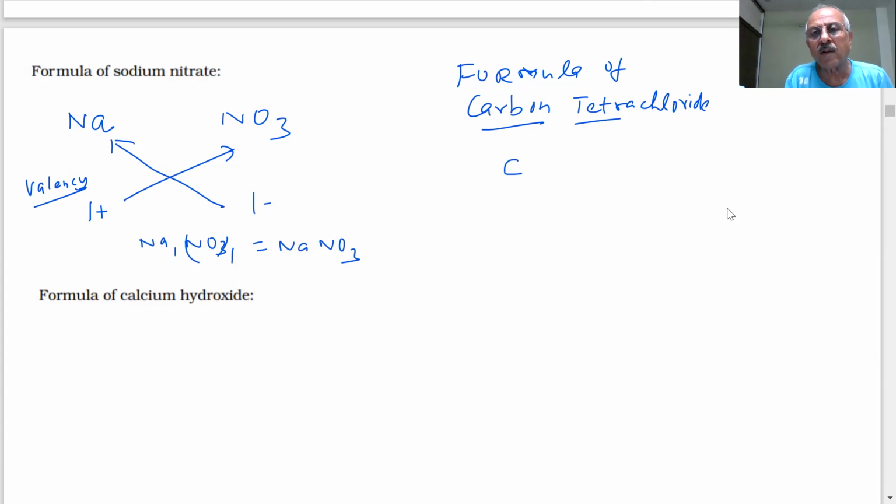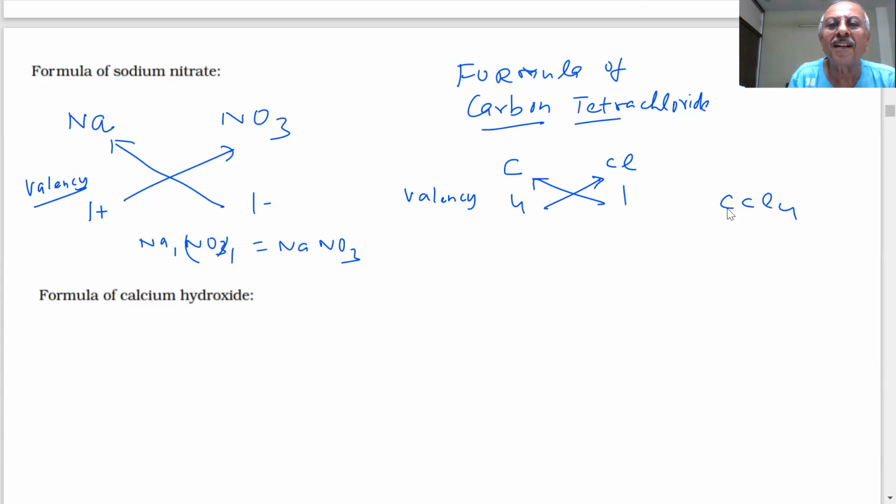What is the valency of carbon? 4. What is the valency of chlorine? 1. Then 4 goes here, 1 goes here. But you will get CCl4. Is it clear? Yes, sir. At the same time, sometimes it is easy. It is saying carbon tetrachloride. What is the meaning of tetra? 4. So I could have written it simply. Carbon tetrachloride, how many Cl? 4.